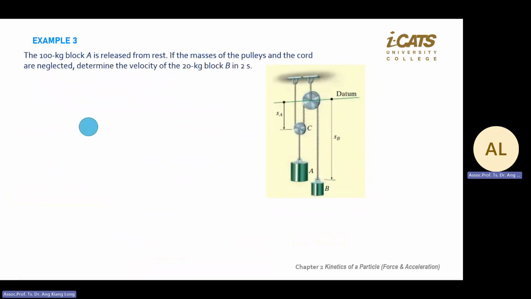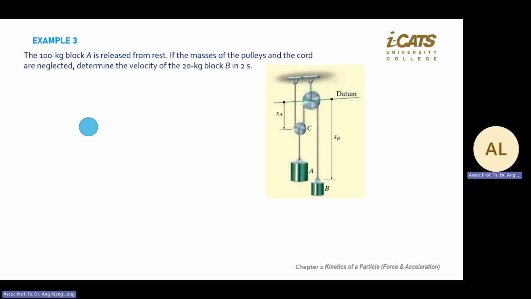Okay, now example 3 is the datum pulley question. So why is this a chapter 2 question and not a chapter 1 question? Because in chapter 2 you start to see mass already. Now you're given a mass of object A, and if the mass of the pulley and the cord can be ignored, determine the velocity of block B in 2 seconds.